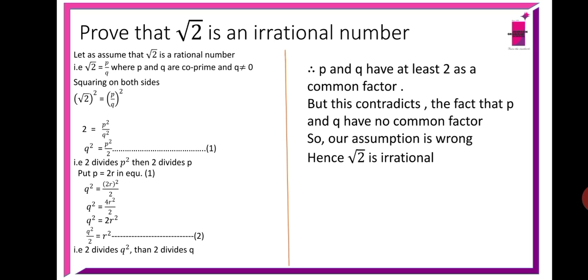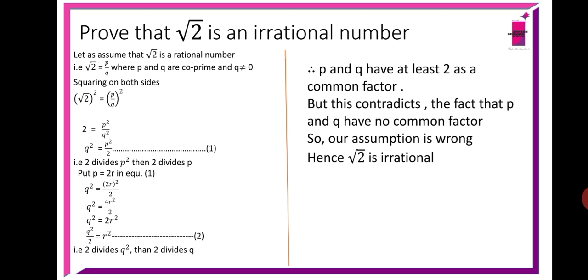Now let us assume that root 2 is a rational number. Then root 2 equals P by Q, where P and Q are co-primes and Q is not equal to 0. Squaring on both sides, we get 2 equals P square by Q square.